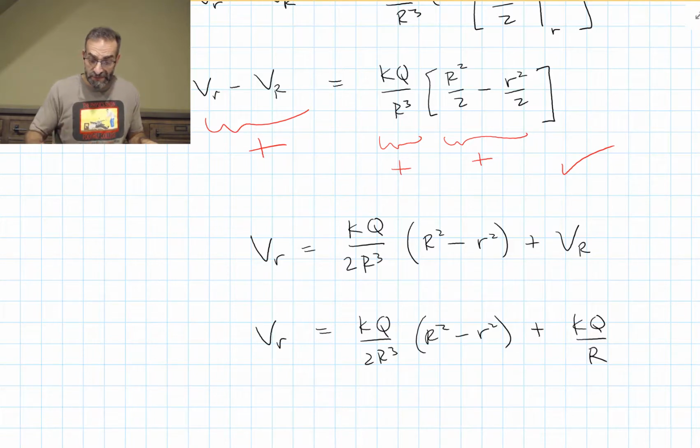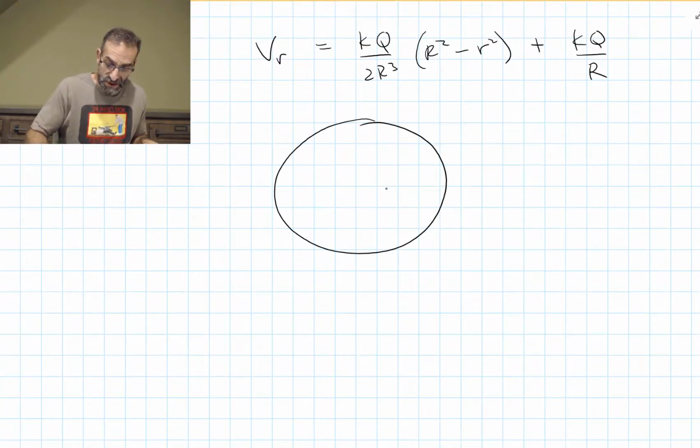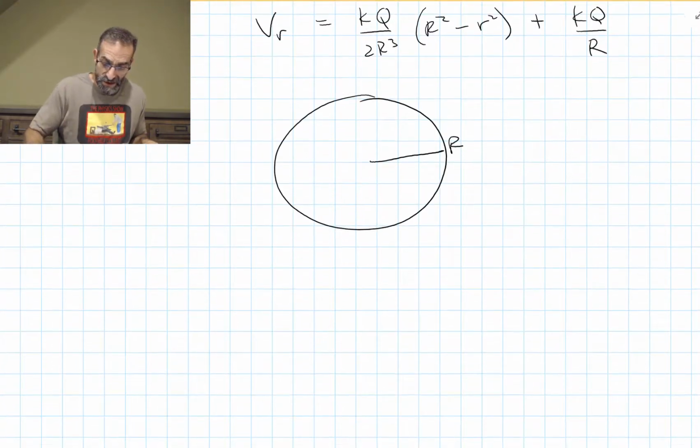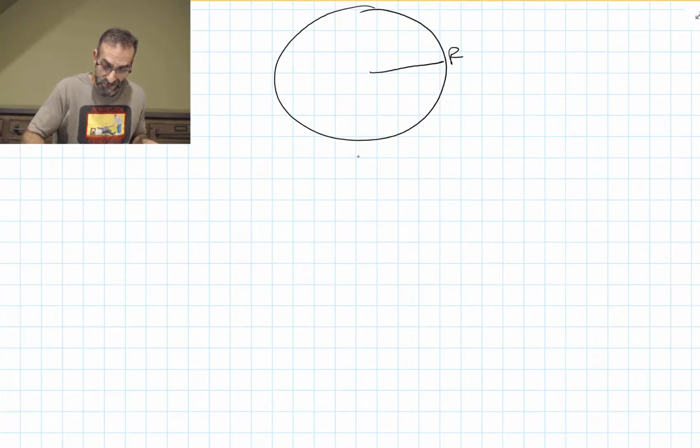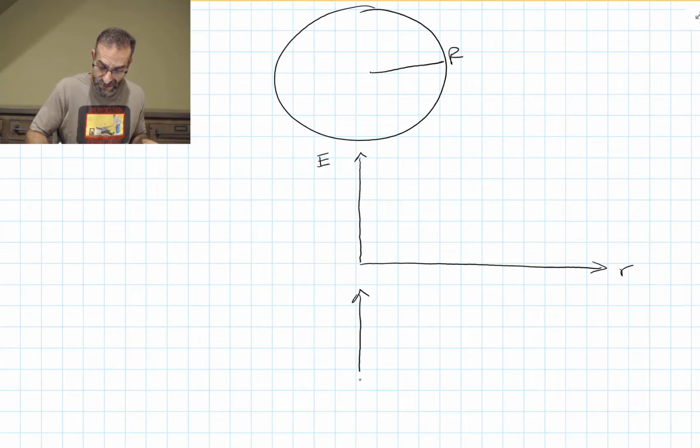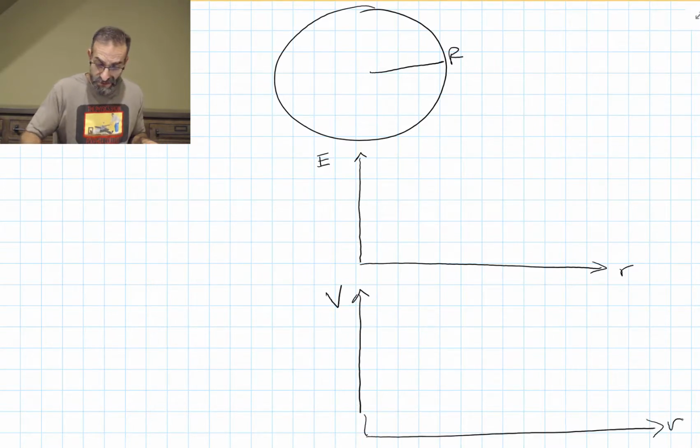Let's plot this and see what it looks like. Here's our sphere, radius R, the electric field as a function of r, and the electric potential as a function of r.